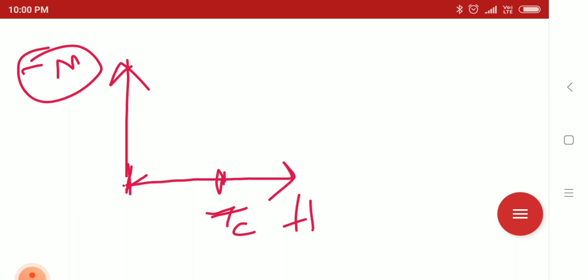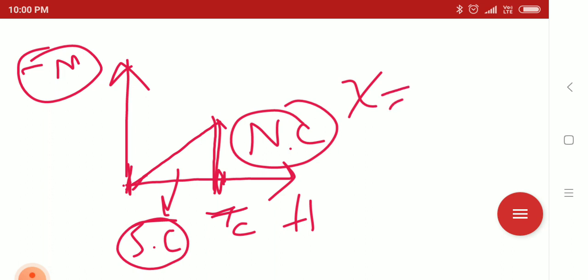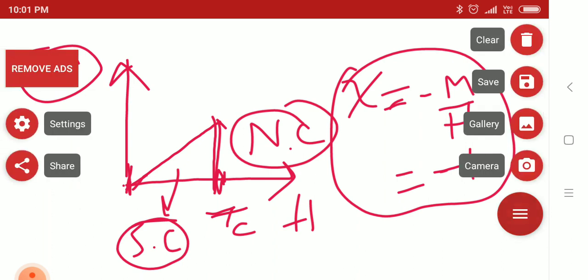Up to this limit the material is a superconductor, and here it behaves as a normal conductor. Perfect diamagnetic means minus M by H is minus 1, negative susceptibility.